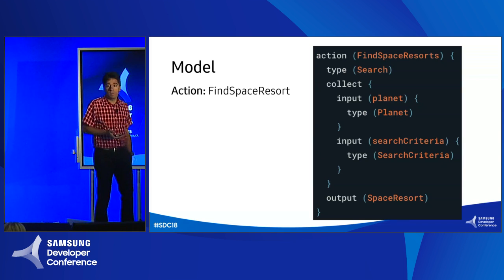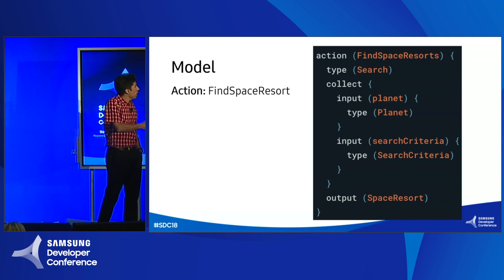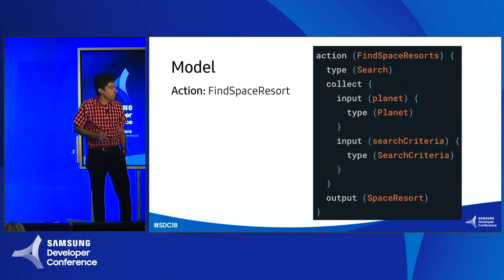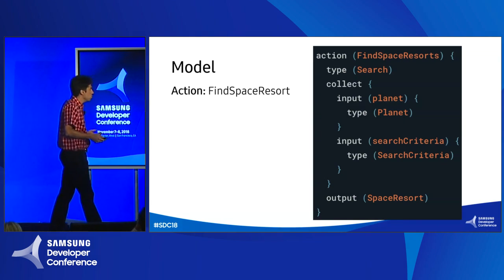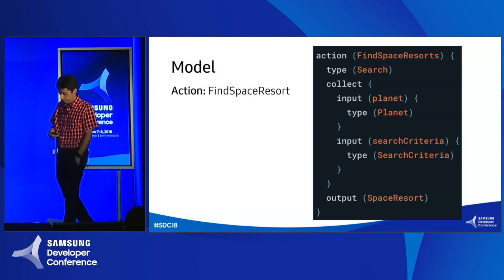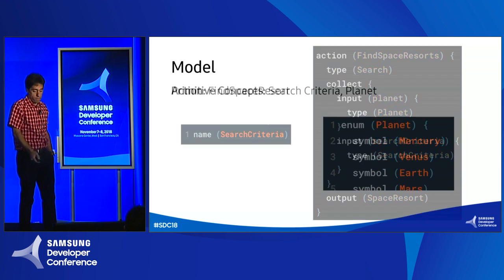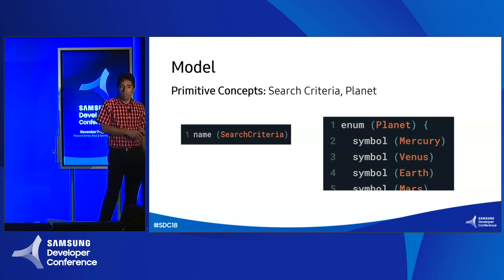So find space resort action's output is space resort. Actions could also have inputs, like the planet, the search criteria, and all these are also concepts that are defined in our capsule. All right, so that was a definition of an action.